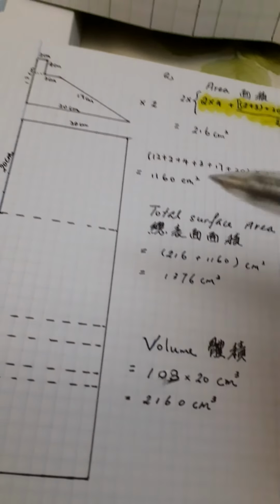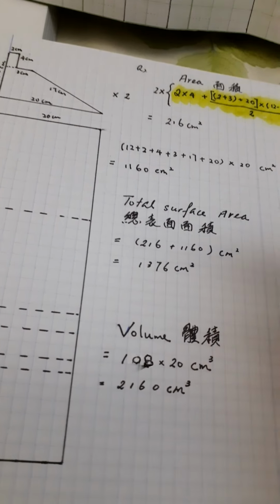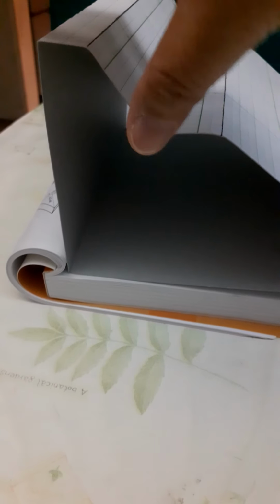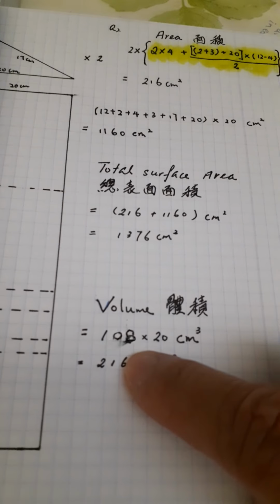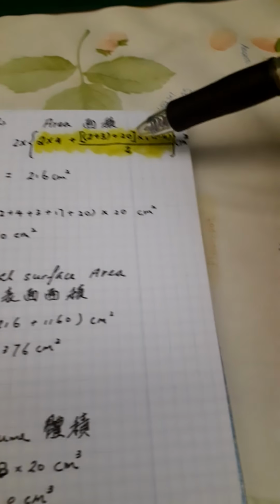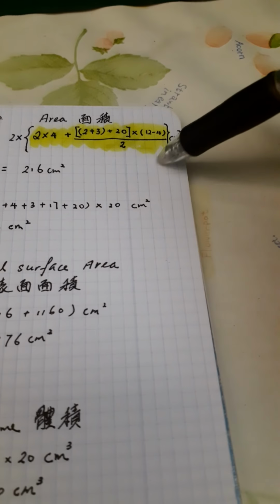For the volume, if you look at the solid again, it's a solid like that. This shape is the base. It should be something like that, right? And then the height is this part, 20. And for the base area, we have actually found it here already, this part.